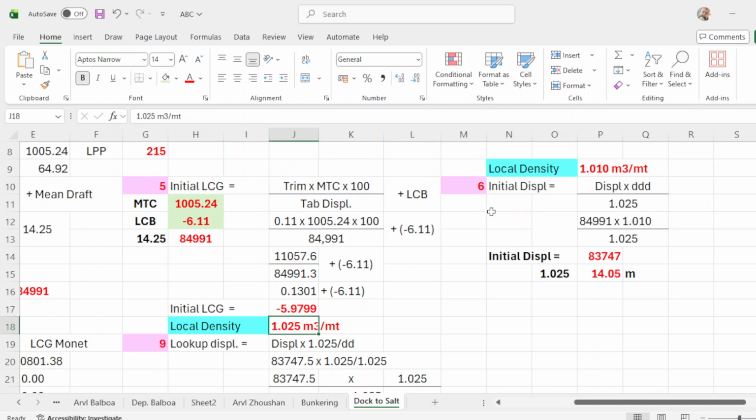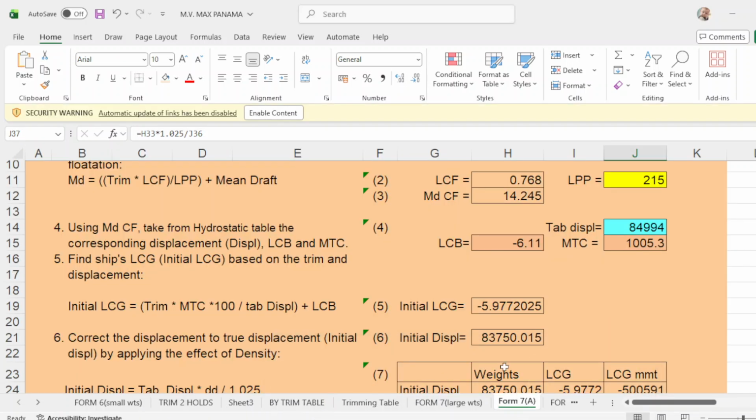So initial displacement equals displacement times your local density over 1.025. Multiply this one, divide by 1.025, the initial displacement is 83747, and the program got 83750. Okay, this is now in salt water.